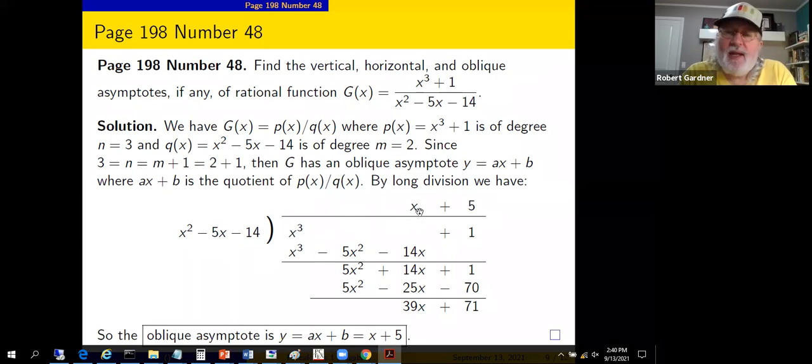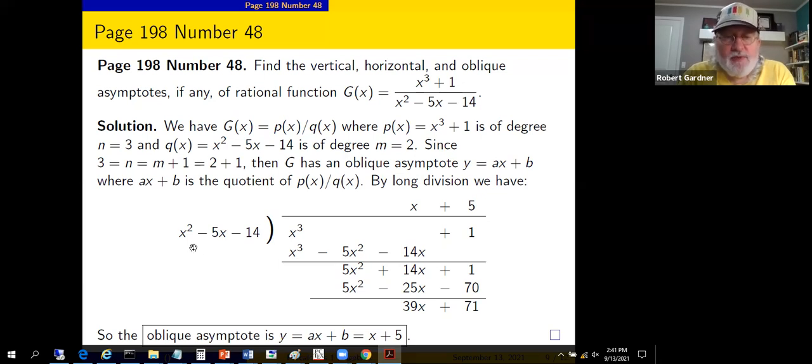Multiply it by x. x times this will produce x cubed minus 5x squared minus 14x. Increase the power of x on each by 1. Put parentheses around this, and then subtract. You lose the x cubed. You'll have 0 minus negative 5x squared, which becomes positive 5x squared. 0 minus negative 14x produces a positive 14x, and we'll bring the 1 down.